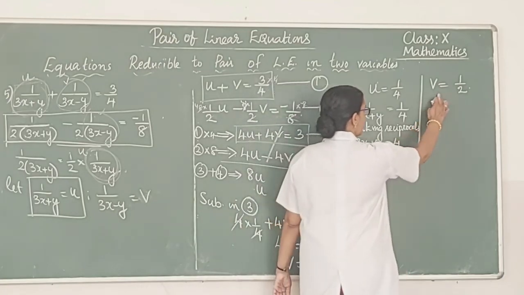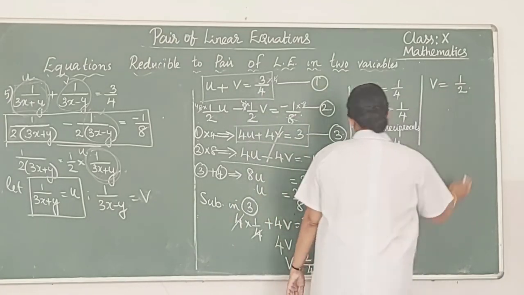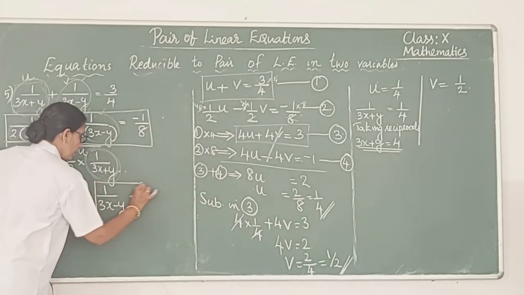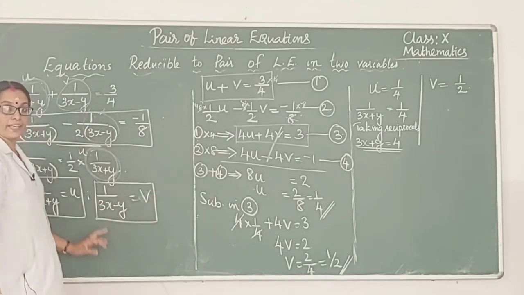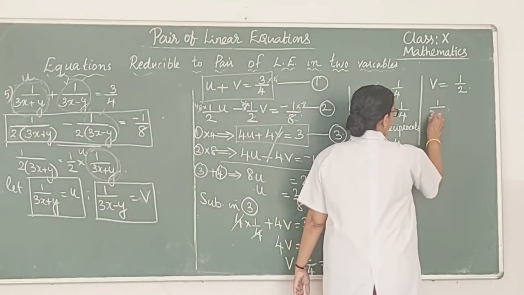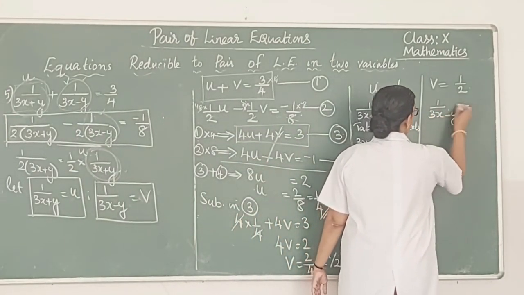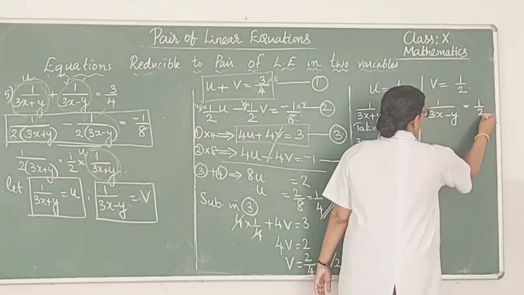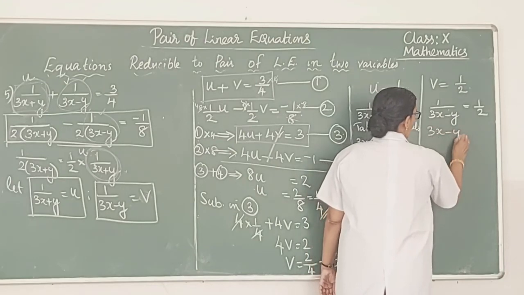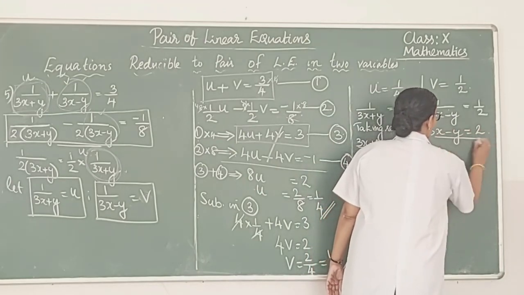And what about here? V is equal to 1 by 2. What is our v? V is 1 by 3x minus y. Okay. So that is 1 by 3x minus y is equal to 1 by 2. When we take reciprocal, we will get 3x minus y is equal to 2.